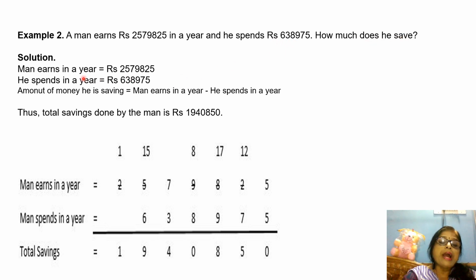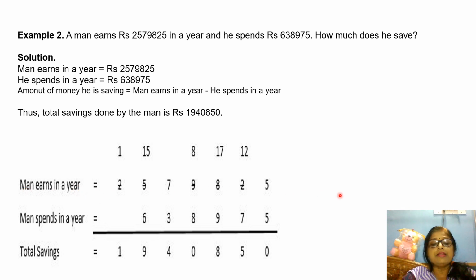So first you write man earns in a year, that is rupees 25 lakh 79,825, and man is spending in a year, that is 6 lakh 38,975. Now you have to subtract: man earns in a year minus he spends in a year. In this way, you write it in the statement.